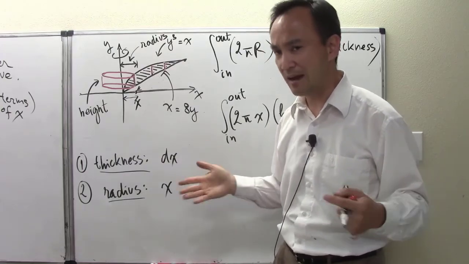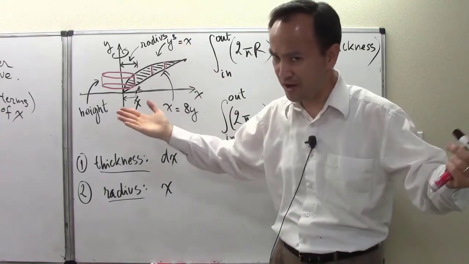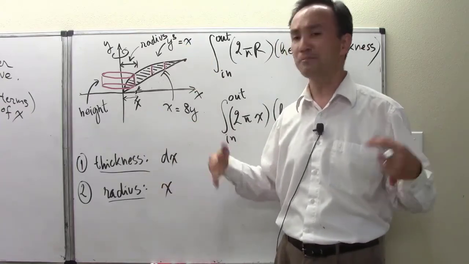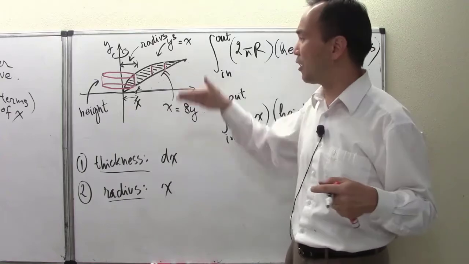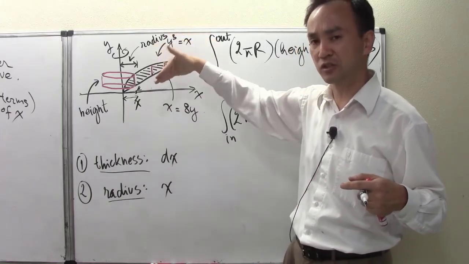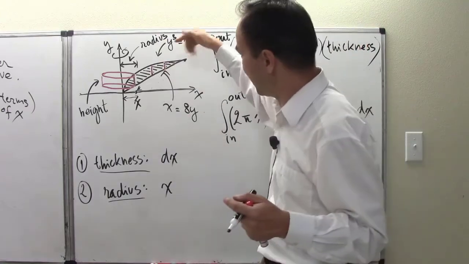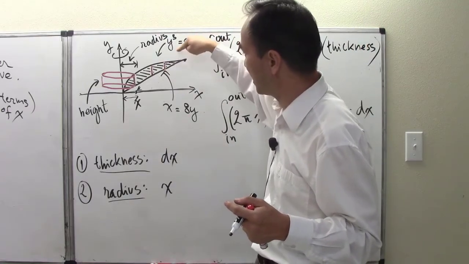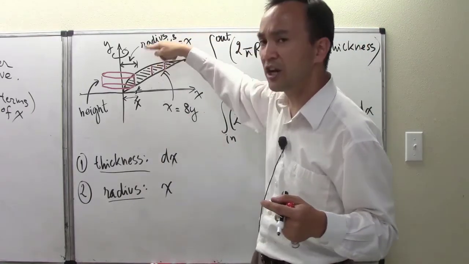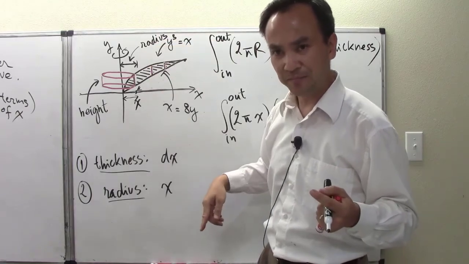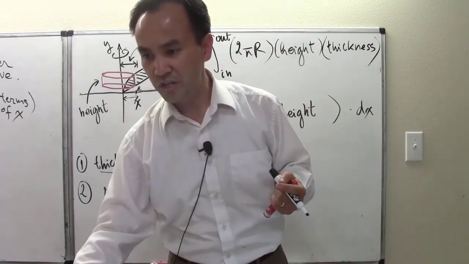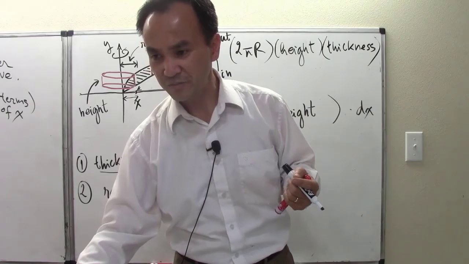In some problems we have to do this algebraically, and in others we don't. It all depends on how the given curves are written at the beginning. Here, our two curves are not initially written in terms of x, so I'm going to have to turn them into functions of x.